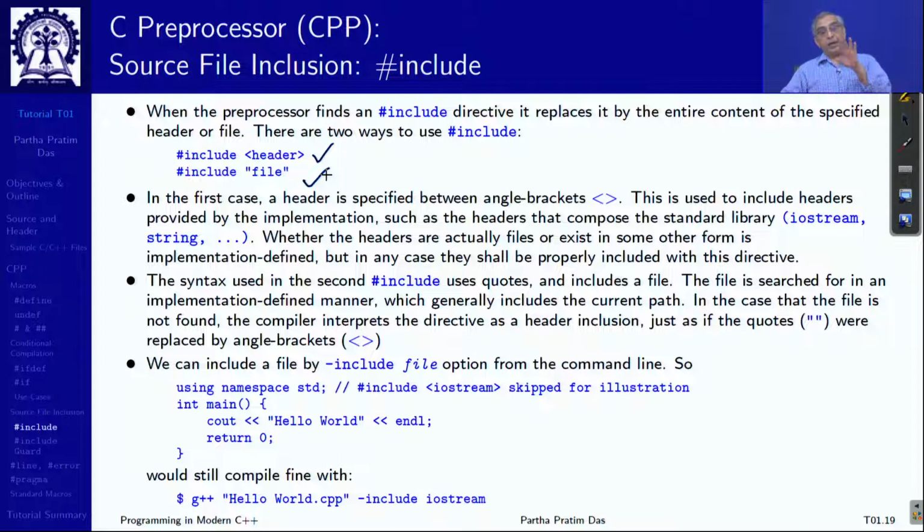You can also include a header from the command line by using minus include and file name. So, you have not given iostream here, but from the build you can do this. Try this out, good fun.